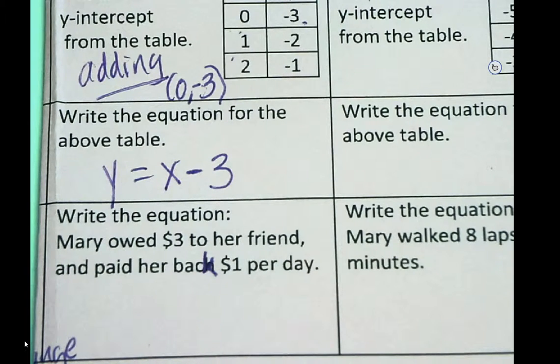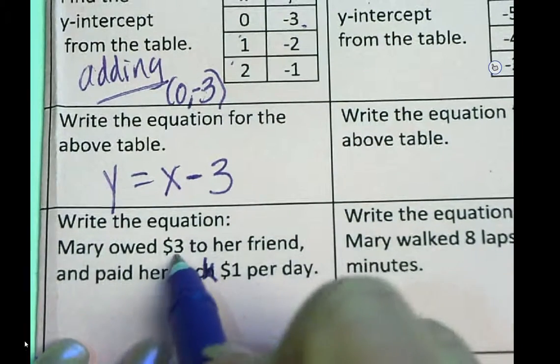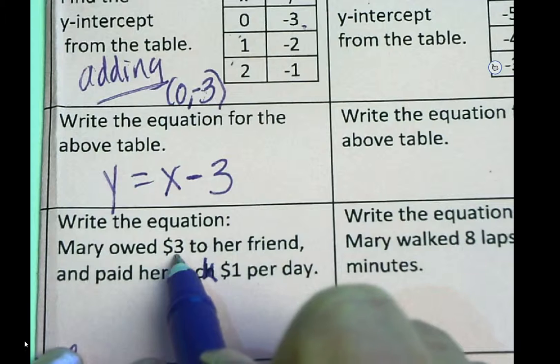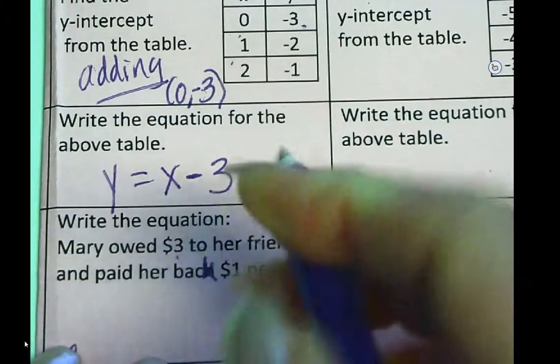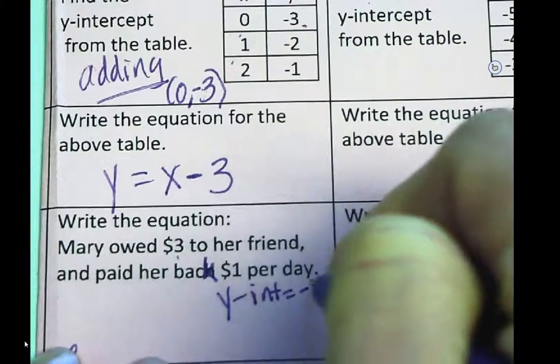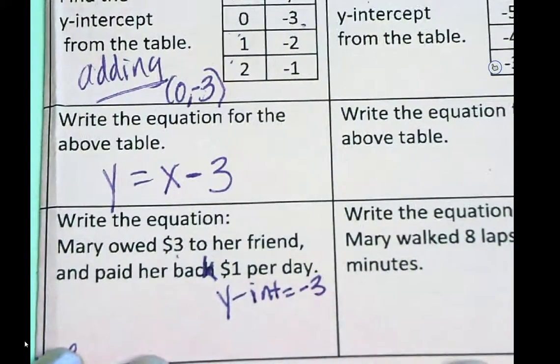Okay. So when she owes somebody $3, what is she starting at? Not 0. If I owe somebody $3, am I even at 0? What am I at? -3. So my y-intercept is equal to -3 because I owe her $3.